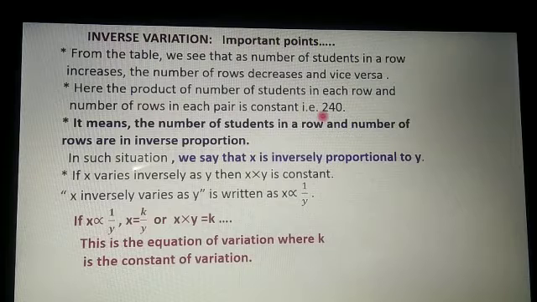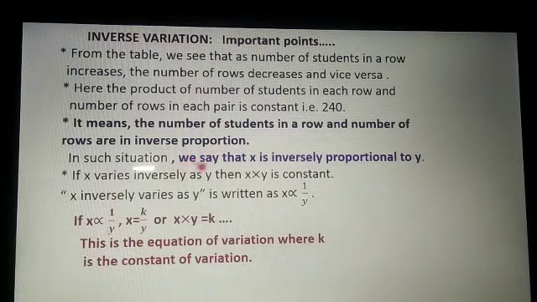In the table the constant is 240. This means the number of students in a row and the number of rows are in inverse proportion, that is, the product is constant.